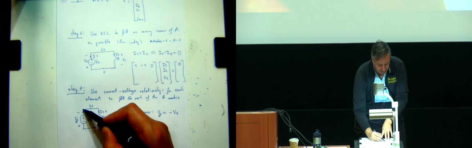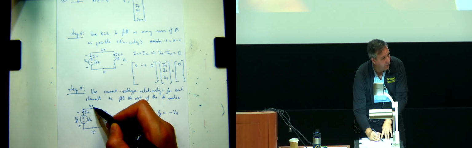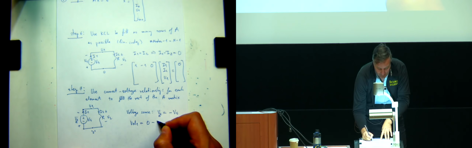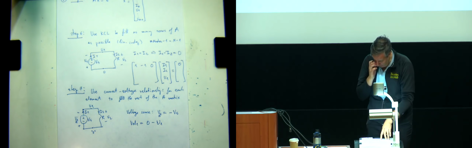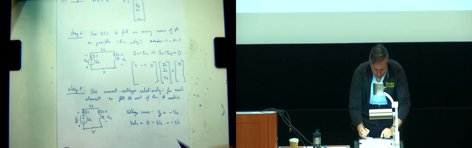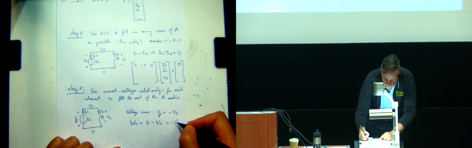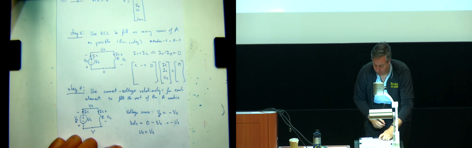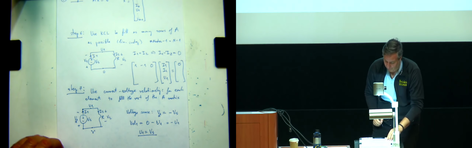On this end where it's minus, it's U1. On this end where it's plus, it's 0. So V element 1 equals 0 minus U1, so it's minus U1. Well, that just tells me that minus U1 equals minus Vs, so U1 equals Vs. Okay, that's one piece of information.